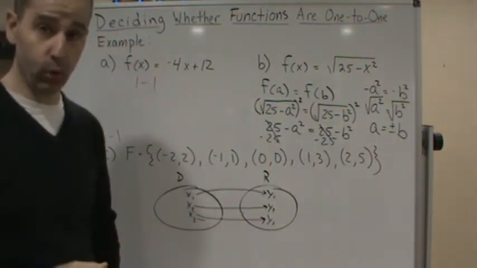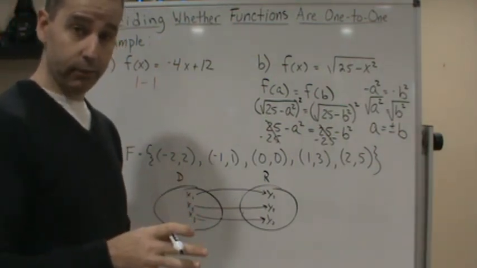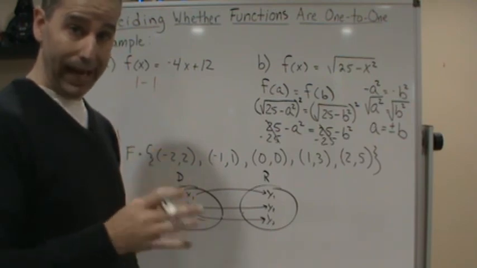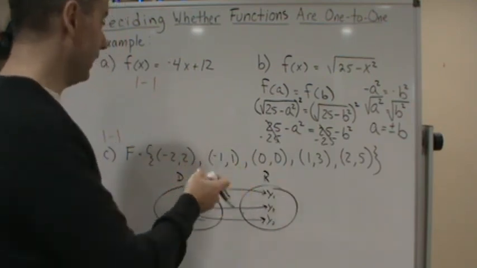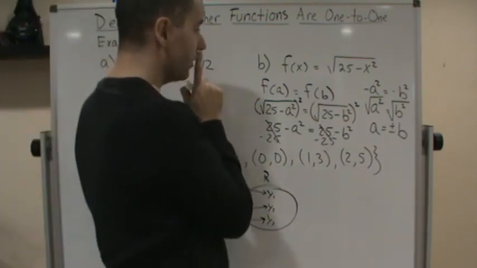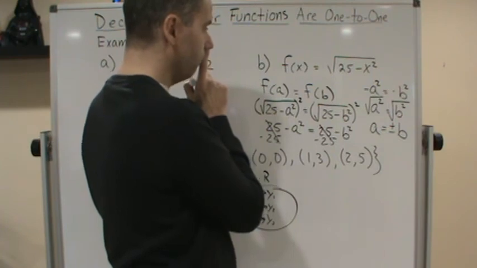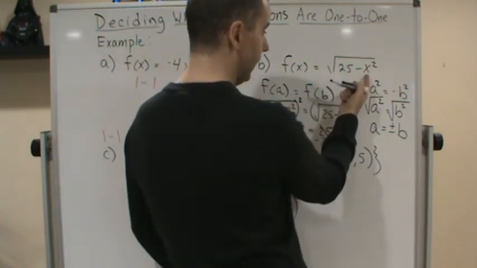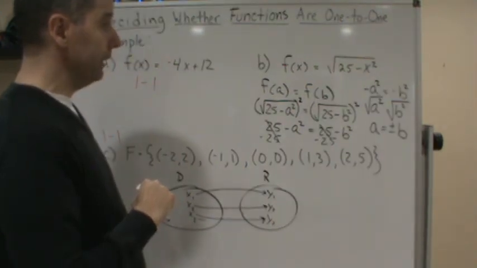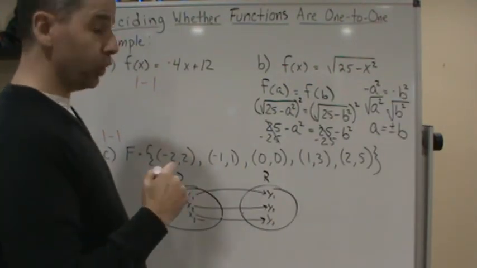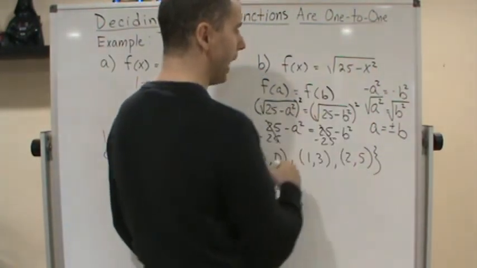Because we're not told whether B or A is positive, right? All we're told is that they are any number in the domain, and let's think about this, okay? Can x be negative in this case? Well, yes, it could be negative, because if you take the negative x and square it, you get positive. So guess what?